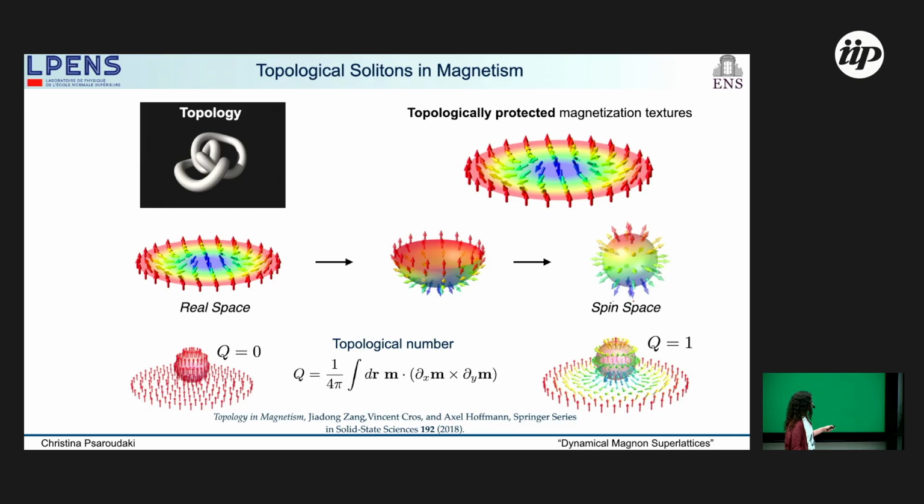All the spins in the ferromagnetic background are compactified and mapped into a point here, and all the other spins are also mapped in the spin space. Then we measure how many times the magnetization wraps the unit sphere. So in this example, we go from up to down once, so the topological charge is 1.